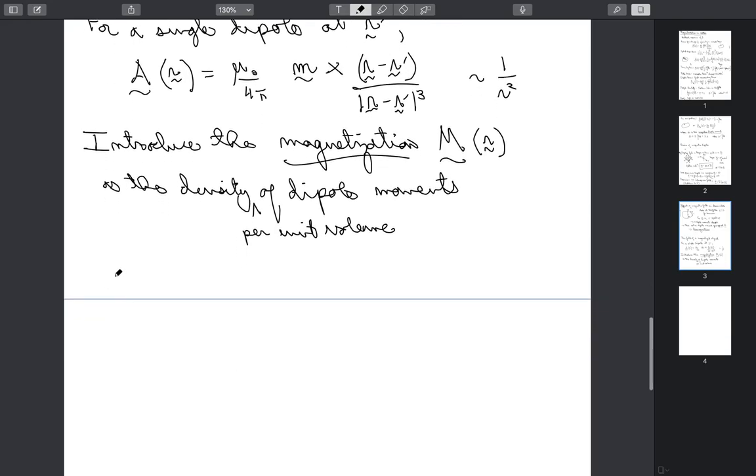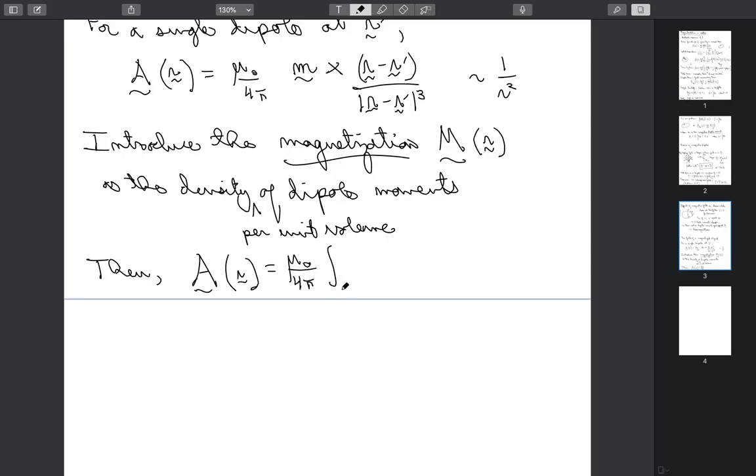So in that case we can just rewrite, for a magnetized object, that the total vector potential by the superposition principle is just the sum over all the contributions coming from all the little dipole moments that you have per unit volume.